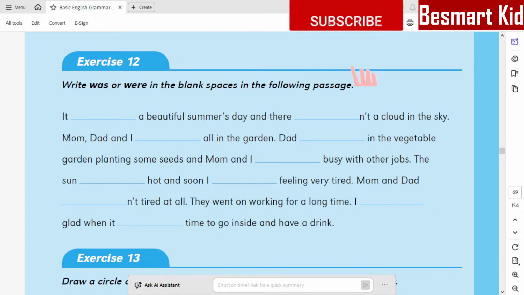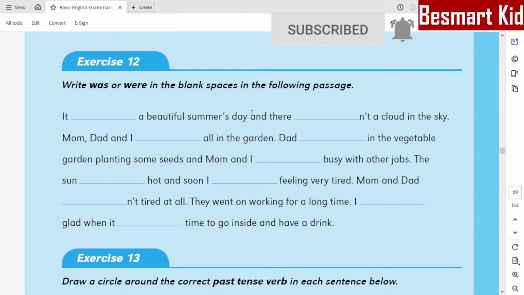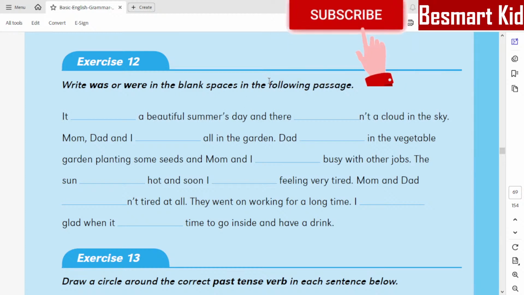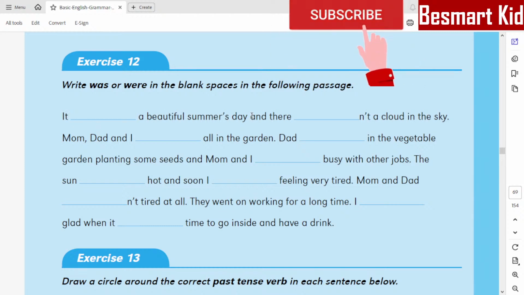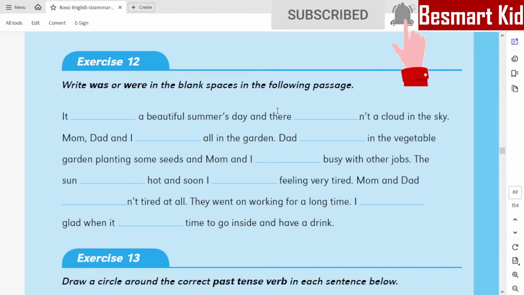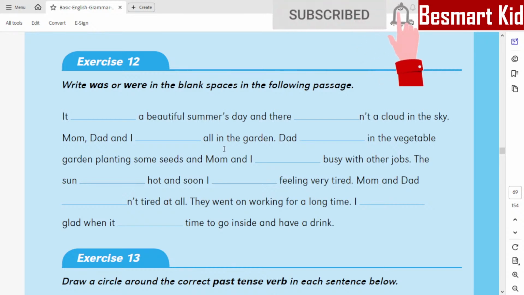Exercise 12. Write was or were in the blank spaces in the following passage. First, it dash a beautiful summer's day. In there dash not a cloud in the sky. Mom, Dad, and I dash all in the garden.